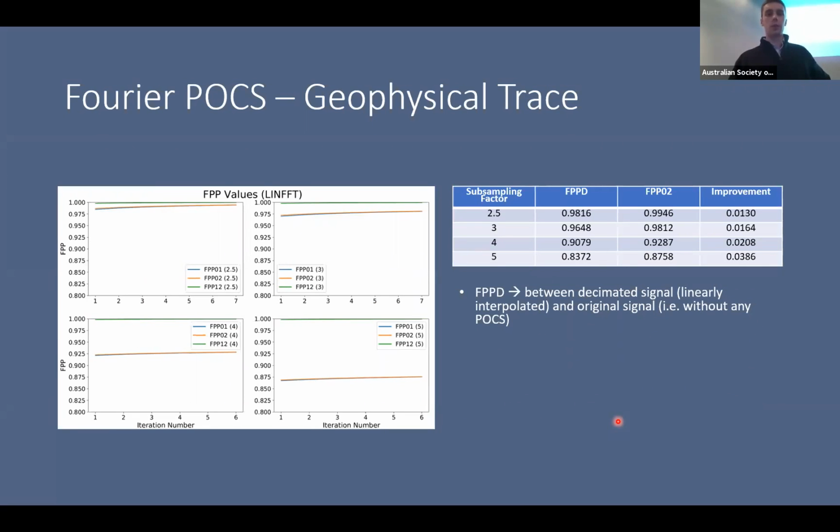This monitors the FPP values. And we'll notice an FPPD up here. We use this to denote basically just the FPP between the original signal and the linearly interpolated signal. So the random spaces have been linearly interpolated, which basically is saying this is what we get without using POCS. This is what we get using POCS. And so these are the improvements, and they're pretty insignificant, but at least they are improvements.